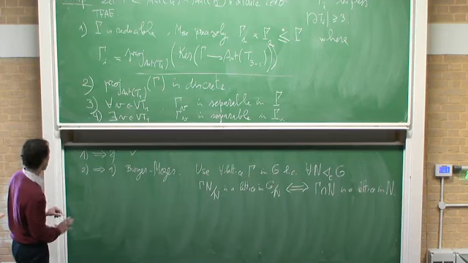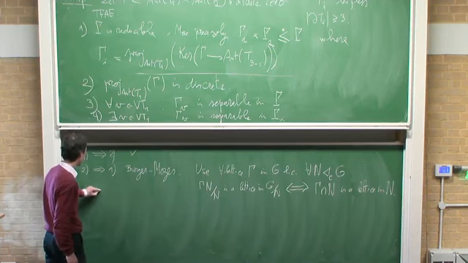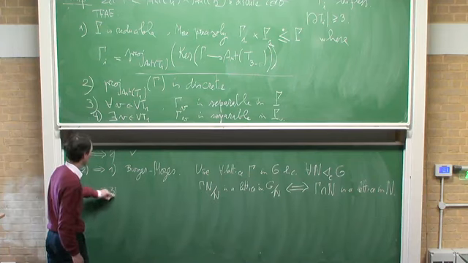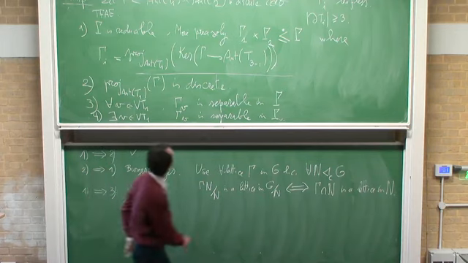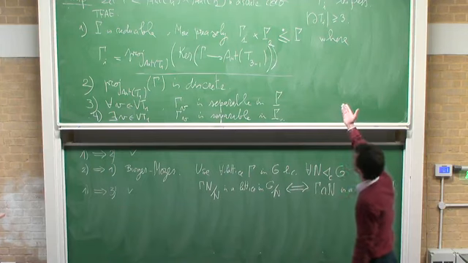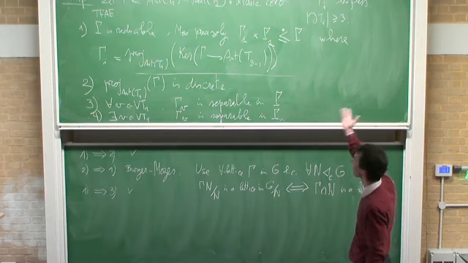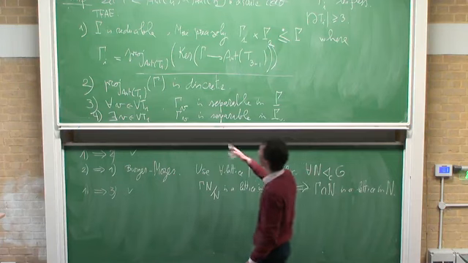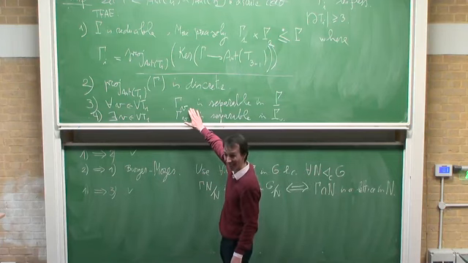So what else? So 1 implies 3. I think that's clear enough too. Because we are dealing with a product of free groups virtually, these are finite subgroups in that case.